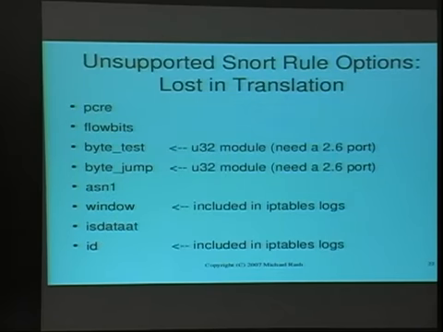Okay, so any discussion of this is not going to be complete without what are the cons? What can we not emulate to any degree really within iptables? Well, first and foremost, a lot of signatures these days are using PCREs. There is no Perl PCRE engine within the kernel.